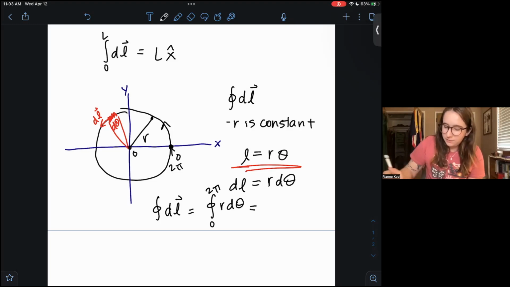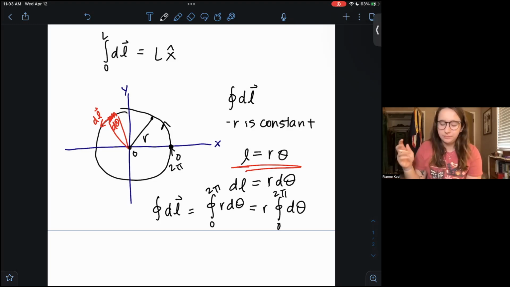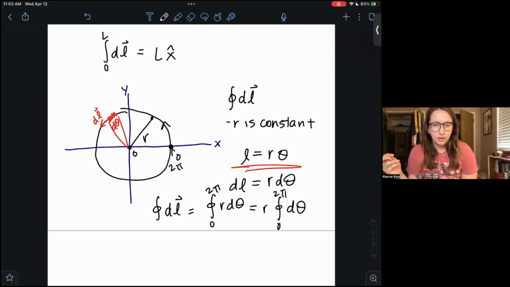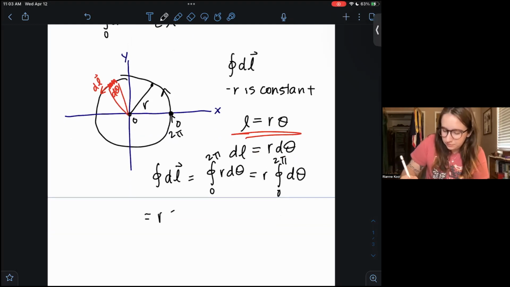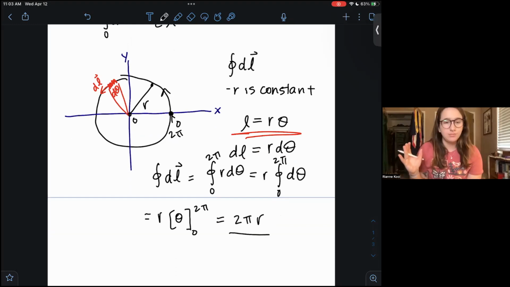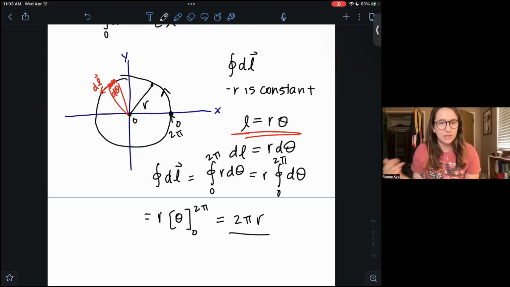Our r comes out of the integral because it's constant, and we're left with d theta. Now we can just integrate this normally. So we're left with r theta from 0 to 2 pi, and that is just 2 pi r, which is the circumference of a circle.